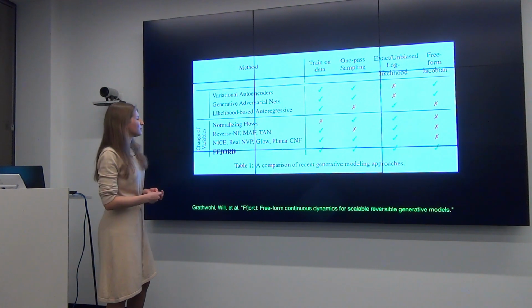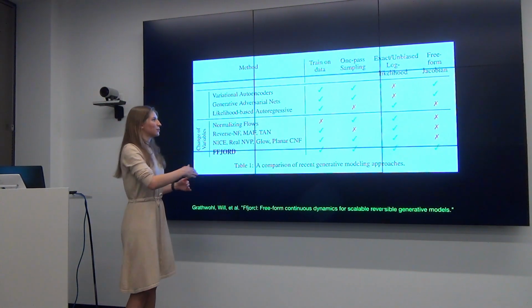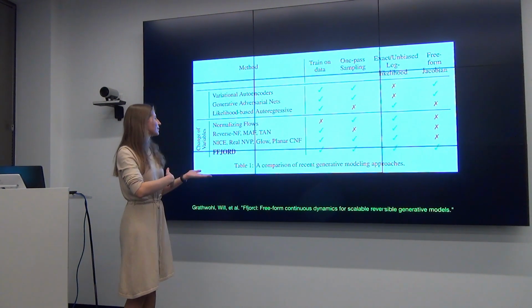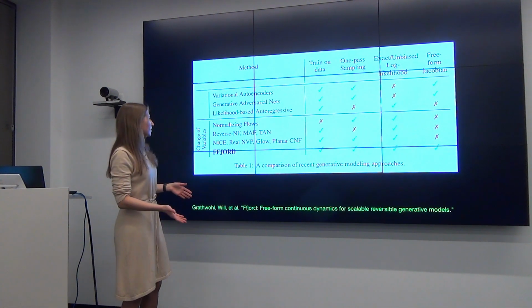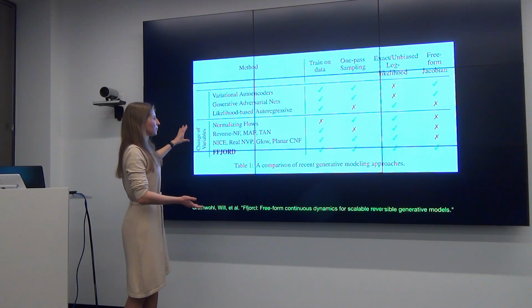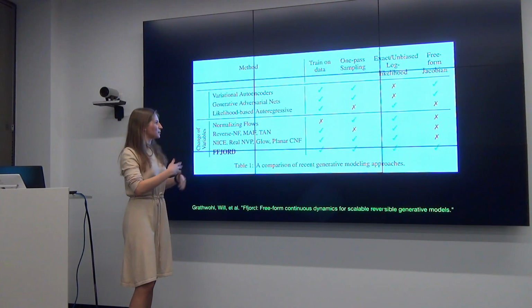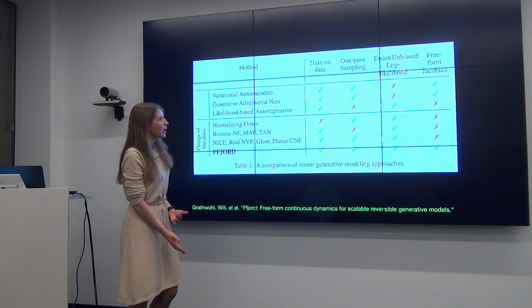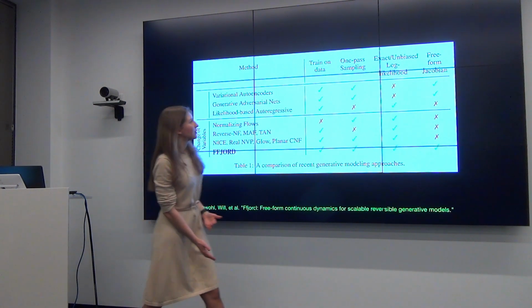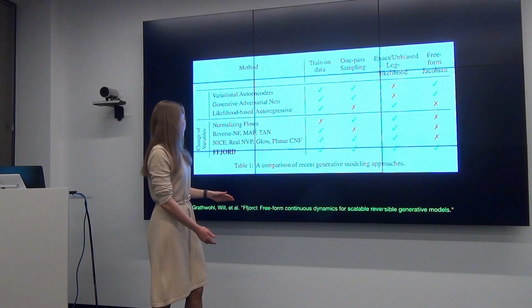Okay, and one-pass sampling means that we can do one forward pass and sample from the distribution that we approximate. In an autoregressive model, we cannot do it through one pass. We have to conduct sequential computations.